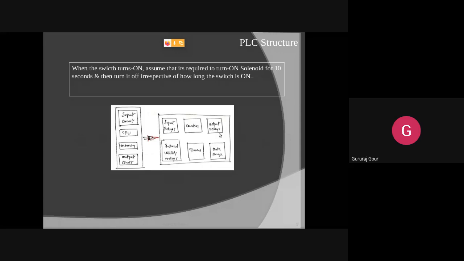Output relays are nothing but high power switches which are able to connect to the outputs after our data is processed, when we want it to be output or displayed on the display. In that case, output relays will be required, and they can be controlled with the help of the PLC.